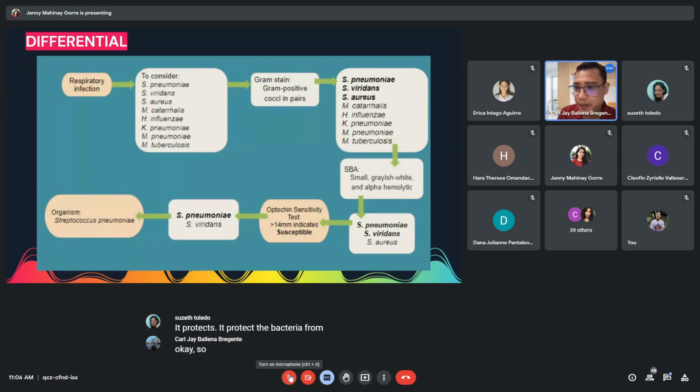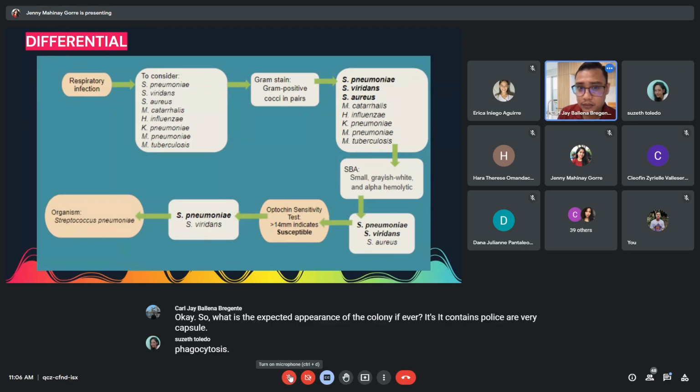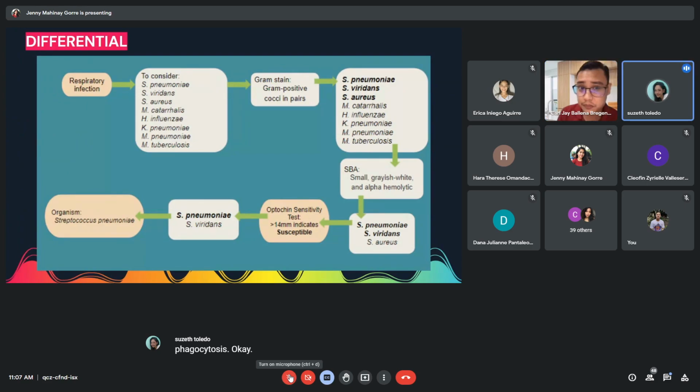So, what is the expected appearance of the colony if it contains polysaccharide capsule? Mucoid. Mucoid, po. Okay.